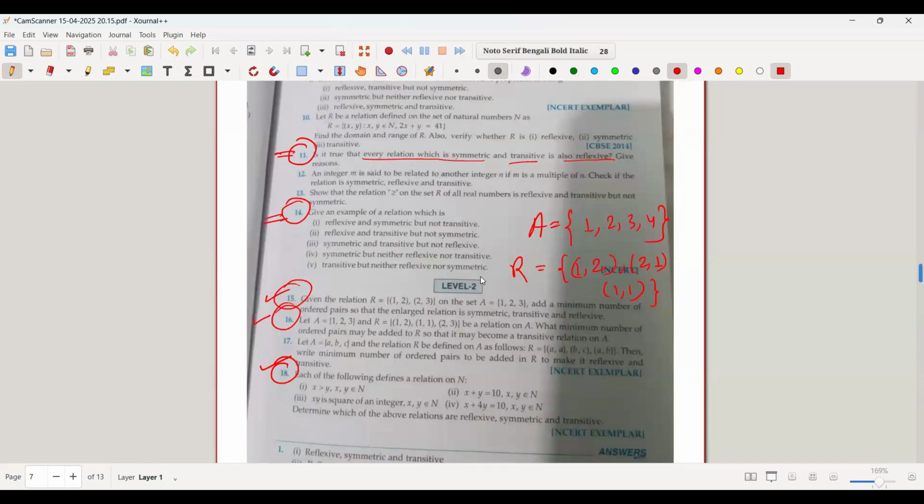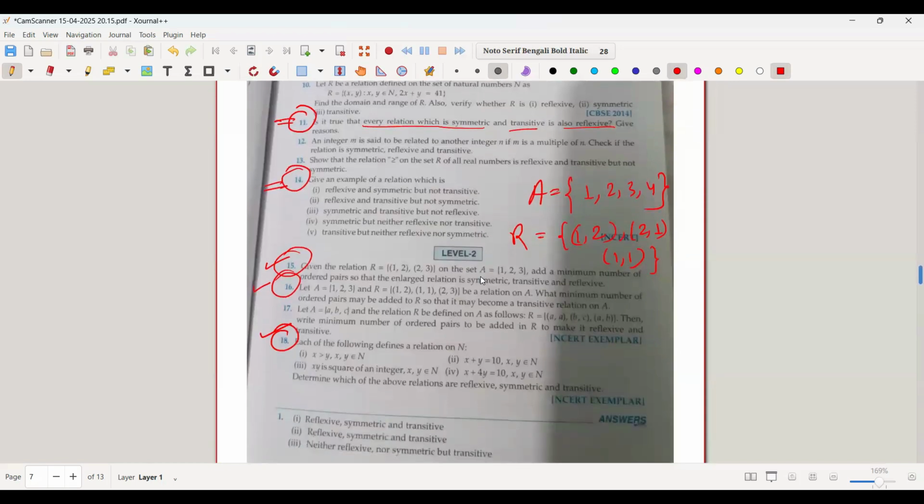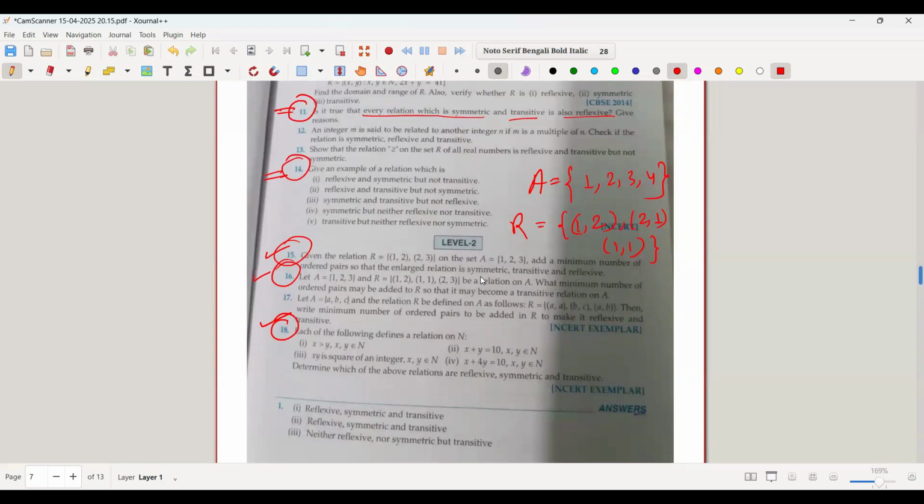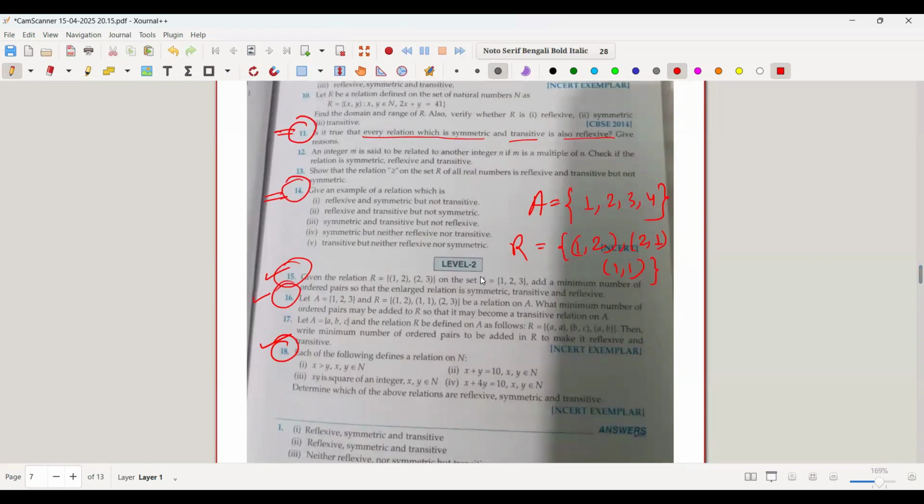Okay, so all questions are done. So exercise 1.1 is finished, right? Yes. Okay. So next do 1.2 and I will check it. Okay.